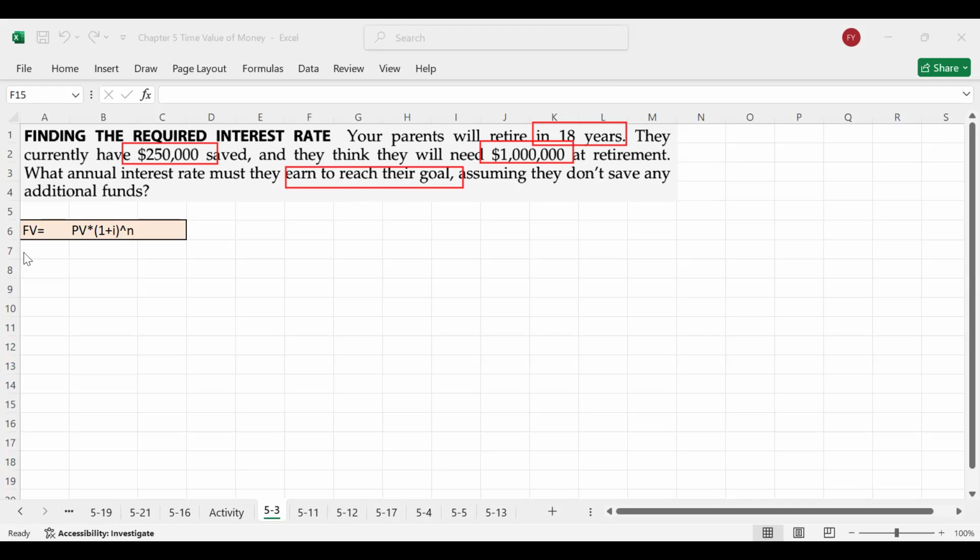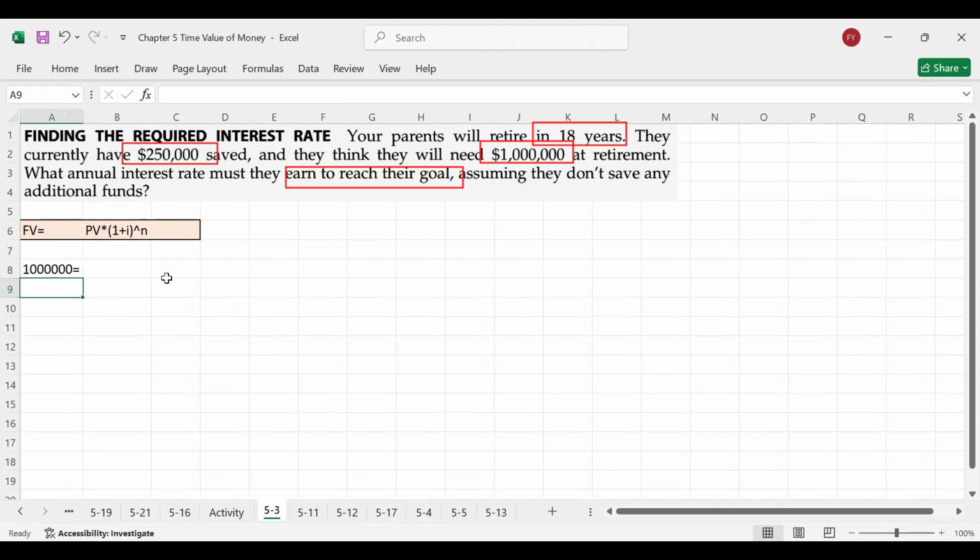So this is the formula to find out future value. With the help of this same formula, we will find out the missing value of interest rate. So future value is 1 million. On the other side, we have present value, PV, which is $250,000.